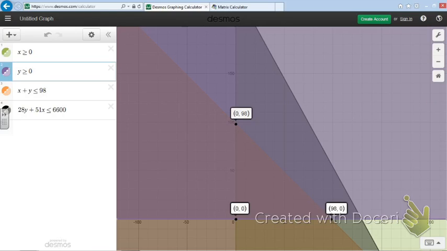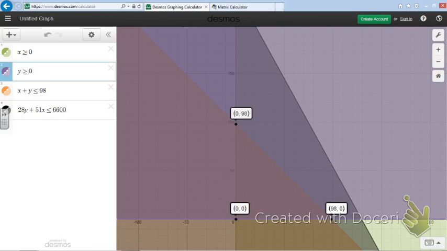Alright, so I actually put these on Desmos, and the dark pinkish purple section there, that triangle of values, those are my corner points, and I'm going to substitute those into my objective function and see which one gives me the maximum value.